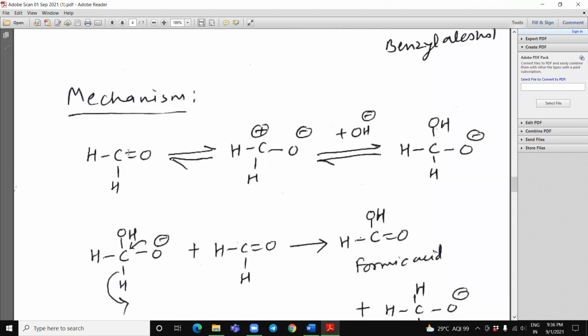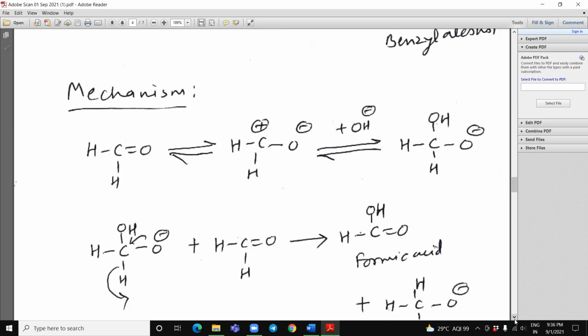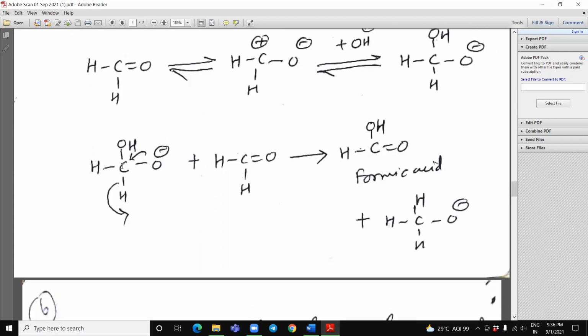Mechanism. This formaldehyde molecule will be attacked by hydroxide, and it will give this anion. It will rearrange and react with another molecule of formaldehyde.